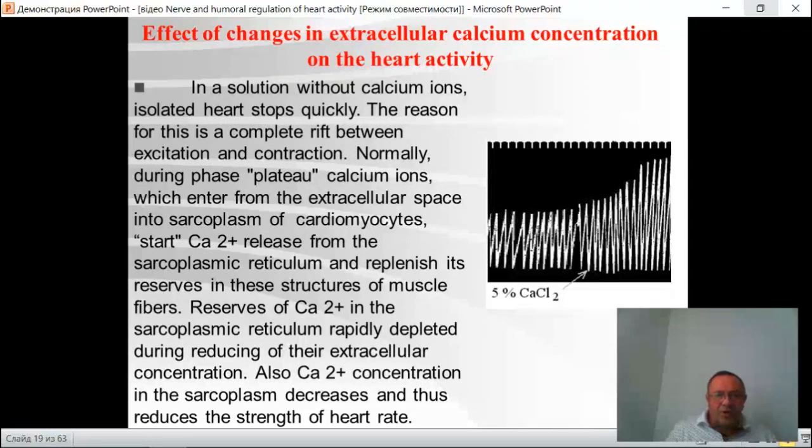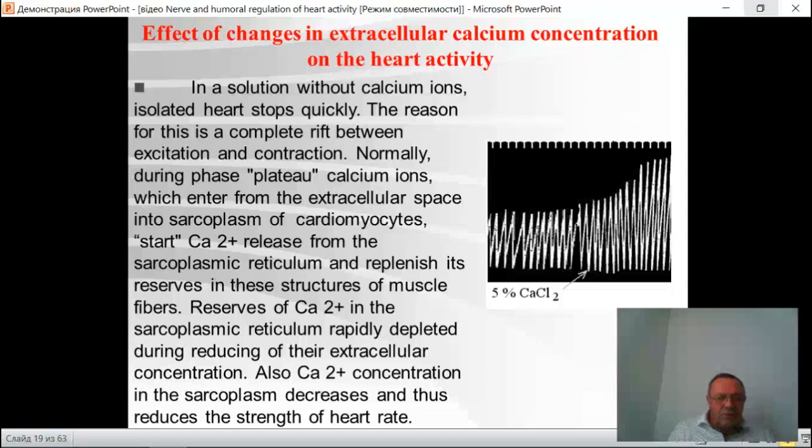Effect of change in extracellular calcium concentration on the heart activity. In a solution without calcium ions, an isolated heart stops quickly. The reason for this is a complete rift between excitation and contraction.